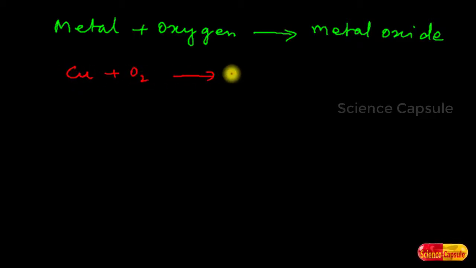It reacts with oxygen, and black colored copper oxide is formed. So this is the chemical equation. In order to balance this, we write here 2, here 2. So a black substance is obtained when copper is heated in presence of air. So this is the metal and here oxygen, and copper oxide, that is a metal oxide.